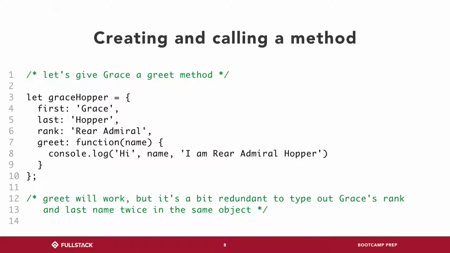Let's see. Yeah, so this is just saying, if the Grace Hopper object, whatever this abstraction is, had a greet function and it said hi to whoever it's conversing with, but we hard coded this, that's pretty redundant, to type out Grace's rank and last name twice in the same object.